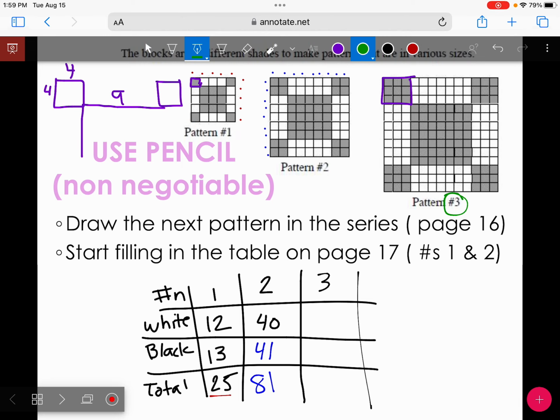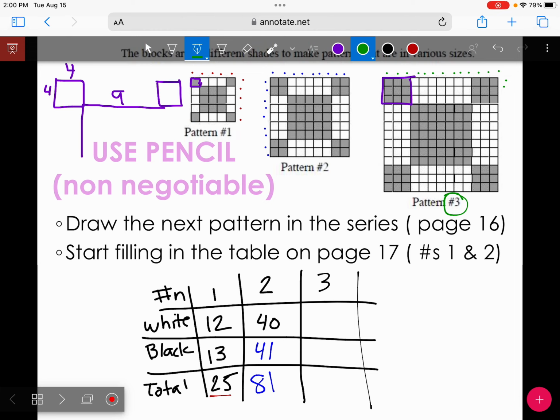Can you find out how many total tiles it is? Listen. Count how many tiles wide it is. You've got it in front of you. 1, 2, 3, 4, 5, 6, 7, 8, 9, 10, 11, 12, 13.